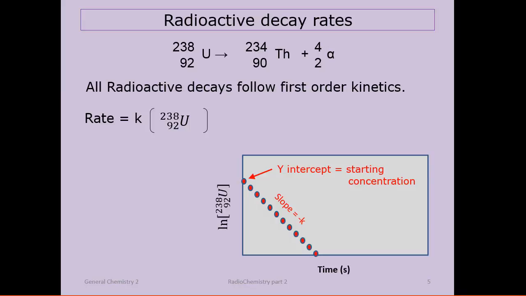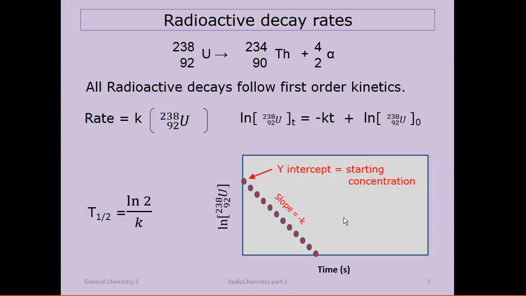So it's the starting concentration. Therefore we can derive, using the linear equation y equals mx plus b, that y is the concentration of uranium at any time, and that is equal to the slope, which is the minus rate constant k, times time, which is the x-axis, plus the y-intercept, which is the starting concentration.